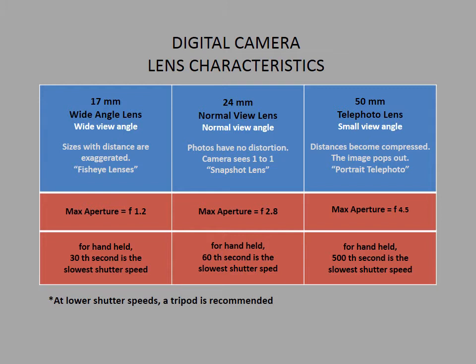Digital camera lens characteristics. Generally speaking, a small millimeter lens like 17 on the left will give you a wide angle shot.